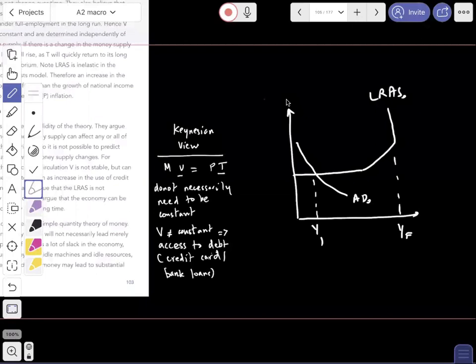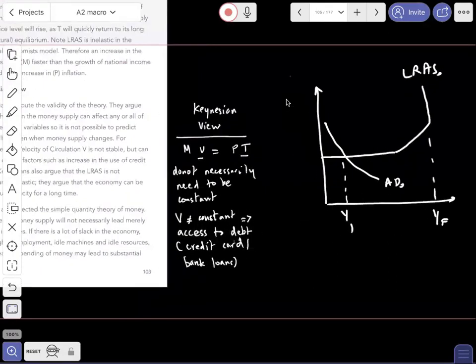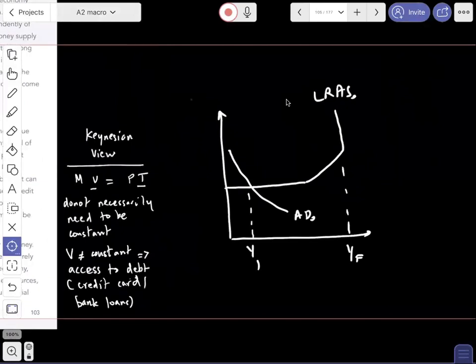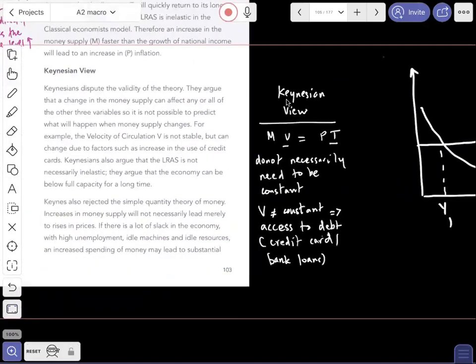If there's massive unemployment, this means that T doesn't need to be constant, because T basically depends. If T is in this inelastic zone of full employment, then of course T is constant. But what if T, or quantity, is not constant because you are in an unemployment zone?